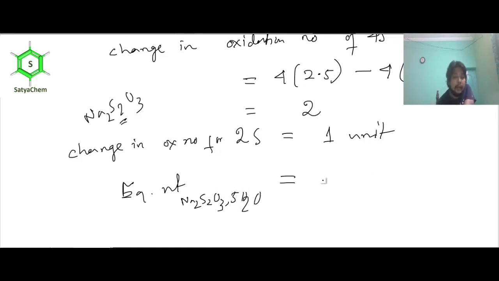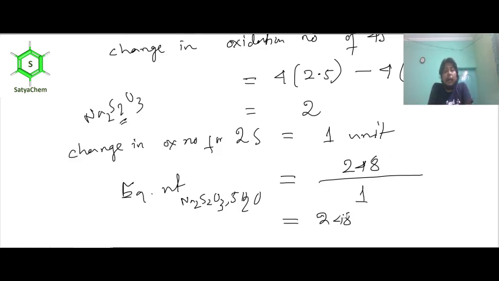So by multiplying and adding, the molar mass of Na2S2O3 5H2O is 248. So 248 divided by the change in oxidation number, that is 1. So it becomes 248. So today this is the end of equivalent weight calculation by the oxidation number method and electronic method. Thank you.